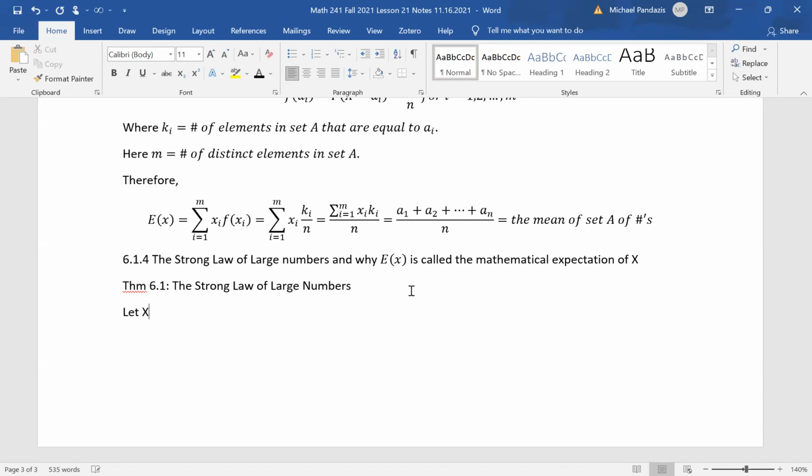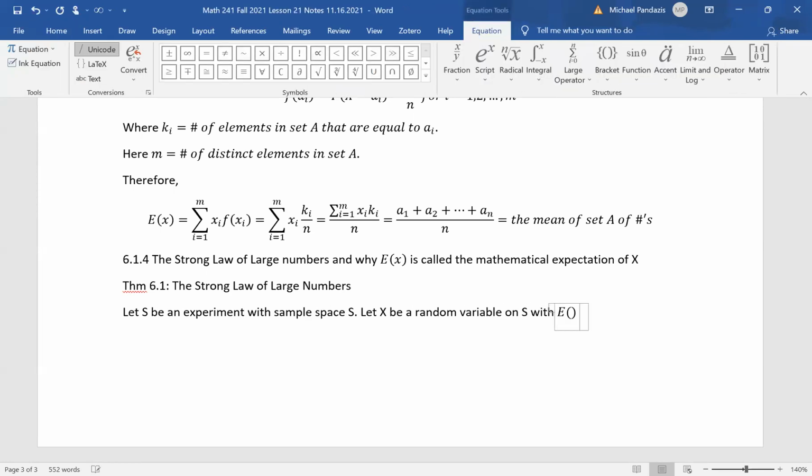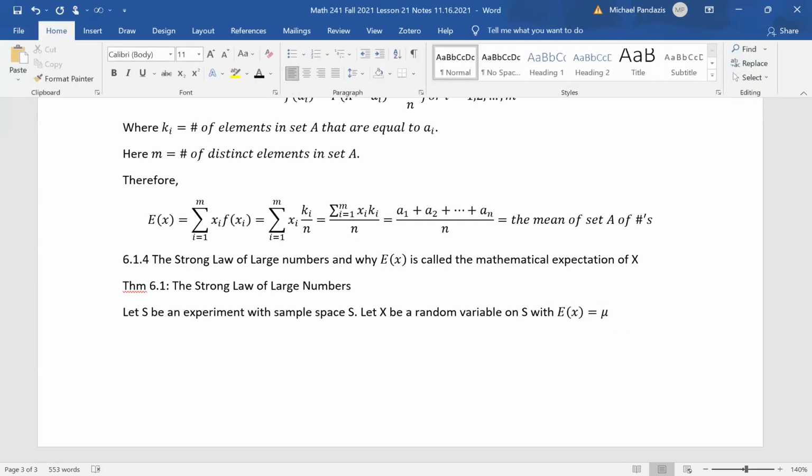Let capital S be an experiment with sample space capital S. Let capital X be a random variable on capital S with its expected value E of X equal to mu.